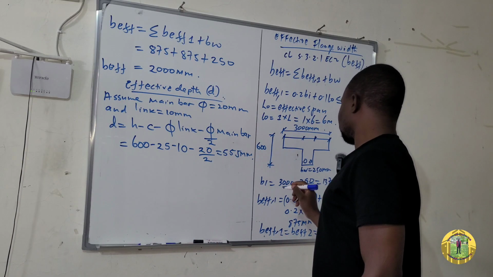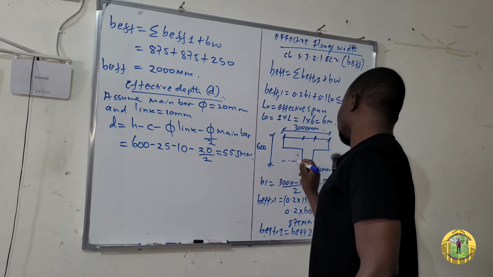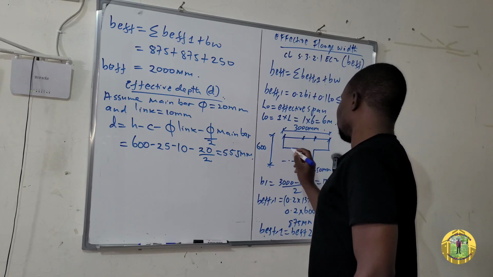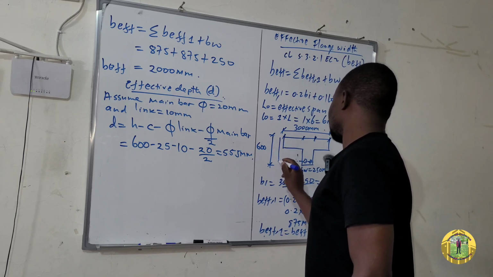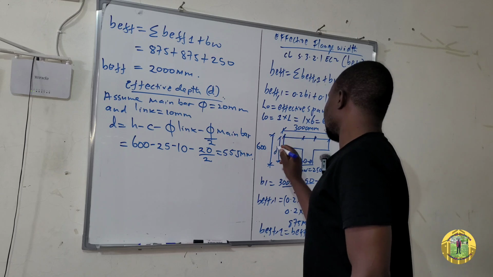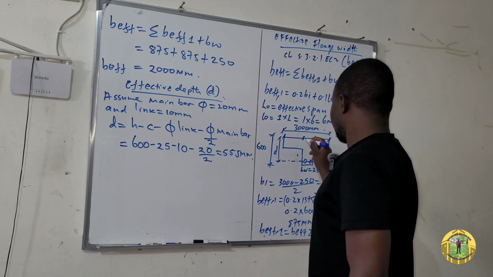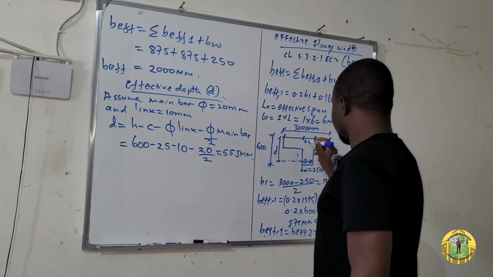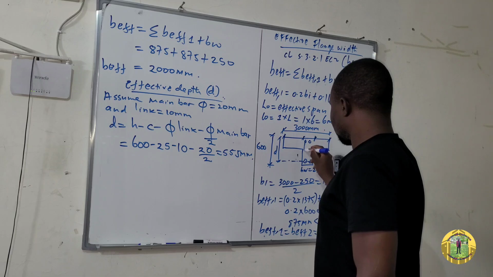So to explain further how to determine this D, if this is our main reinforcement, then from a half of this diameter to the compression side, that is D. And remember, we have the links, as you can see.